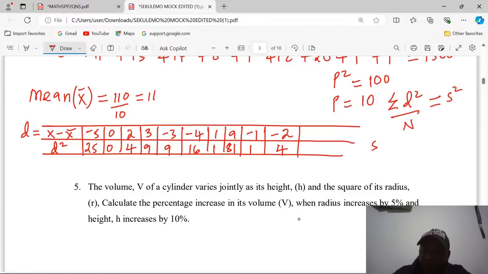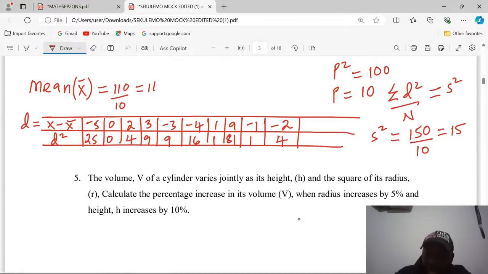We add 25, 0, 4, 9, 9, 16, 1, 81, 1, and finally 4. I'm getting 150. So 150 divided by 10 items, I'm getting a variance of 15.